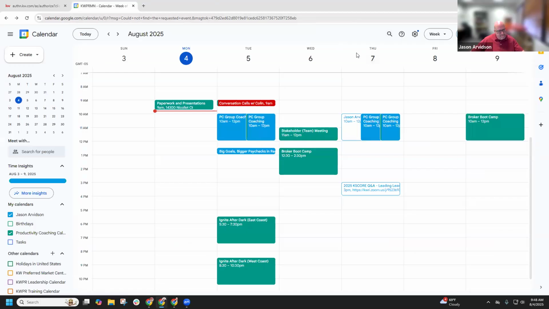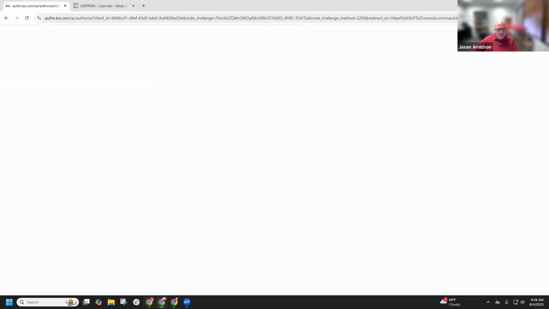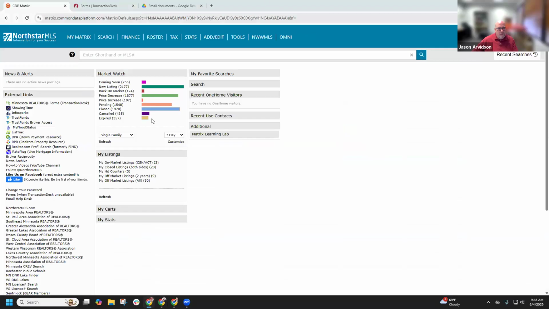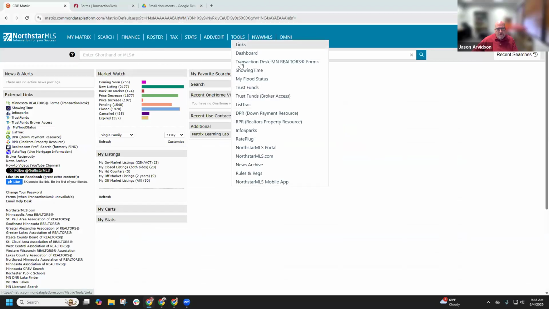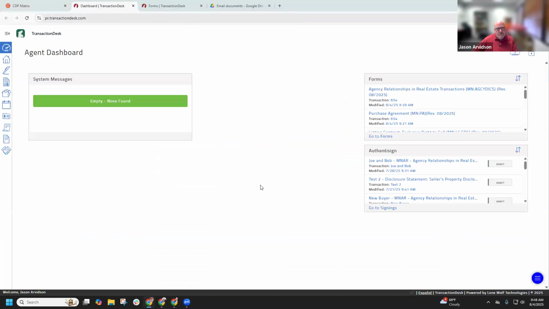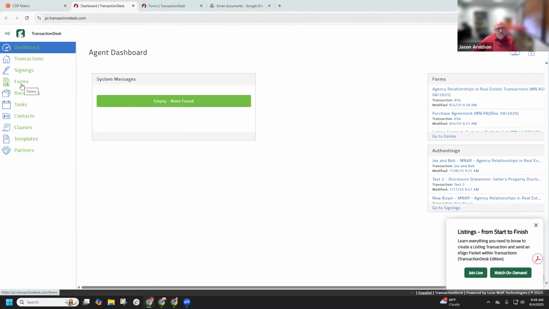Any other questions? I don't think so. I can just log into Command and go find those forms and print them, correct? You will find all of the forms that we talked about today in MLS, Tools, and Transaction Desk. Transaction Desk will take you to your agent dashboard, and you find all of your forms here under forms, if you're just doing individual forms.